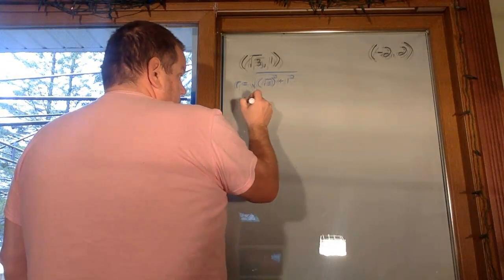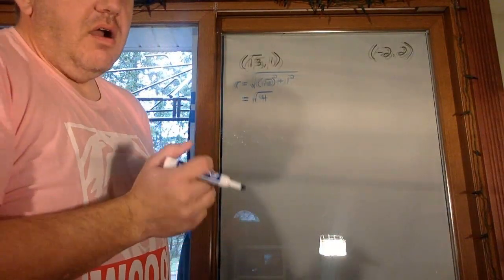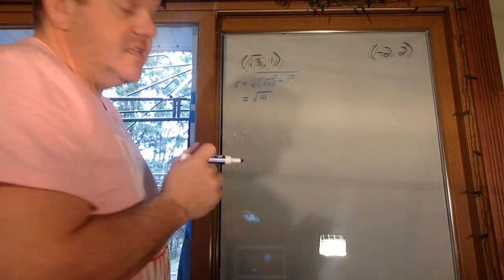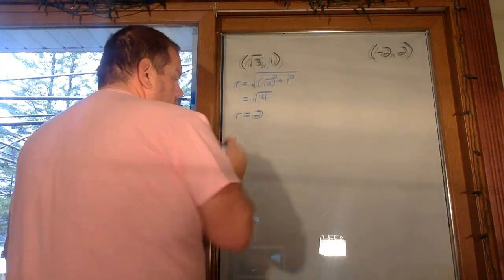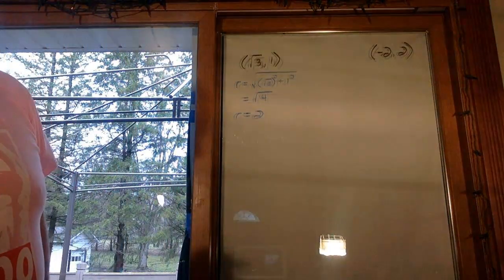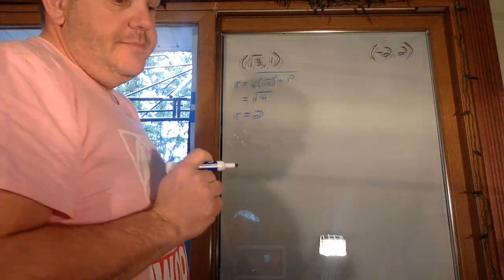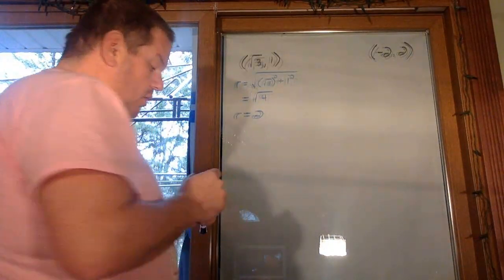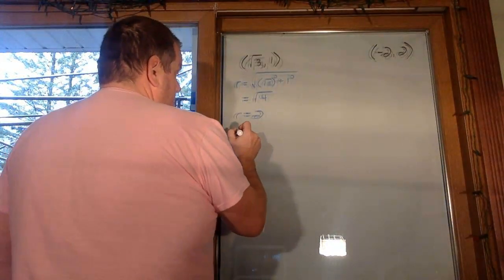So this is the square root of 4, which, because r is going to be a distance, we're going to go with the principal root of 2. We're not going to do plus or minus there. We're going to go with just the principal one because r is a distance. Okay? Then what I need to do is find my theta prime.